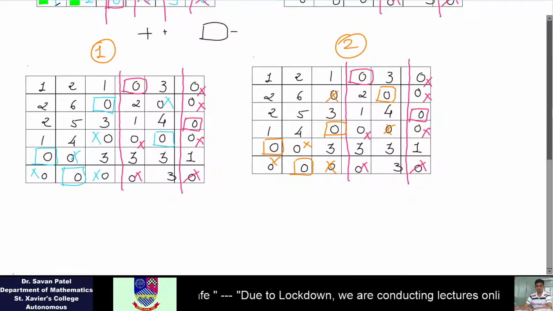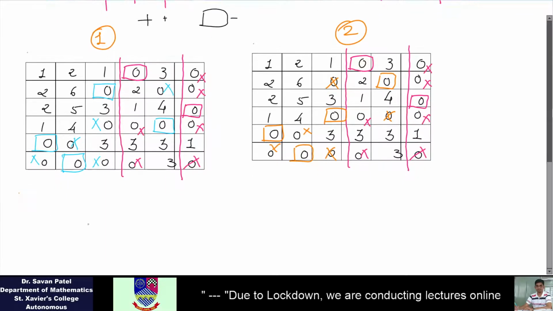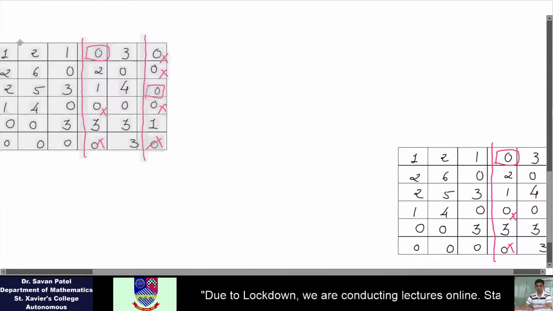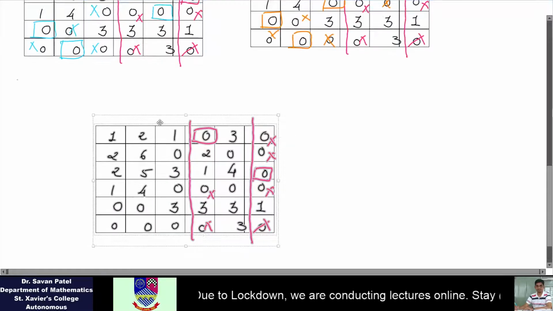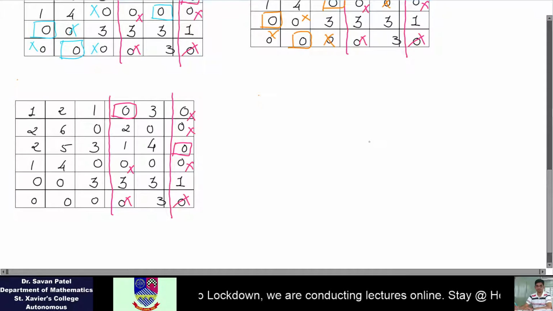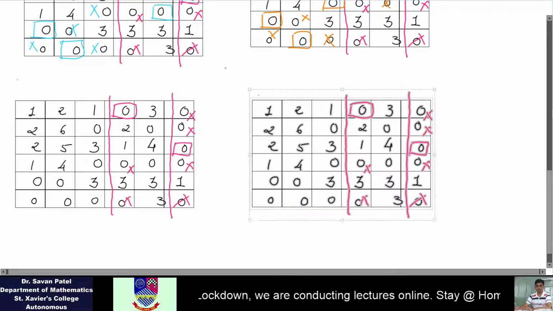Now let me write another one. Okay. So if we continue with this previous choice this way, this 0, cancelling this and keeping this 0, then also here you can select this 0, cancel this 0, this 0, this 0 and select this 0.